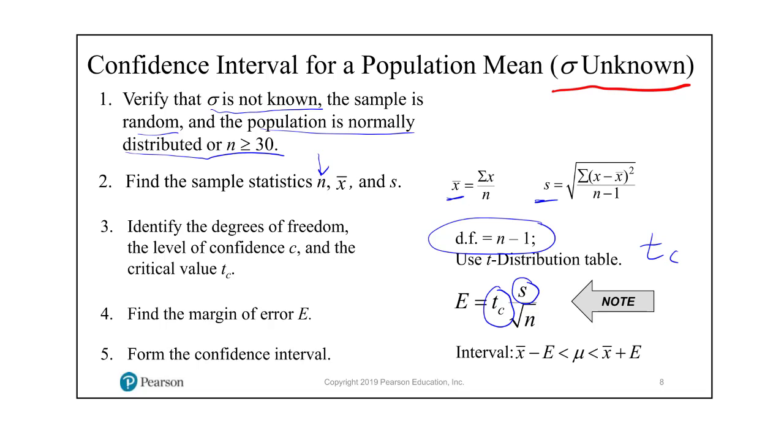So just make note of that. All right, so once we have the margin of error E, just like before, no difference in here, we're just going to take the sample mean and subtract that margin of error E, and then add that margin of error E, and that's going to give us our interval.